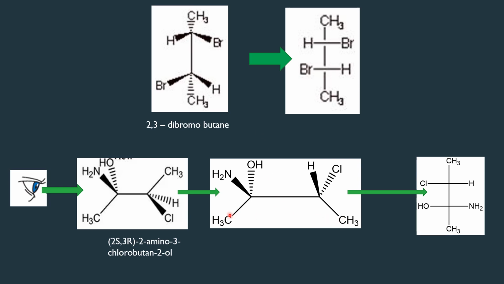Therefore, these two methyl groups which are going away from me, I have to take in the vertical line. So I am just looking at the molecule from here. So this is the nearer carbon to me and that I have to take at the bottom. So this carbon is kept here.